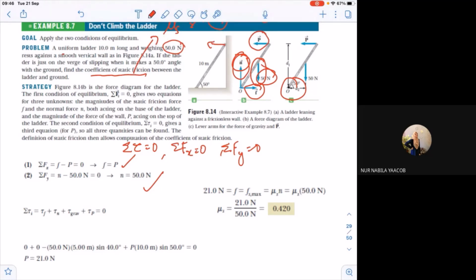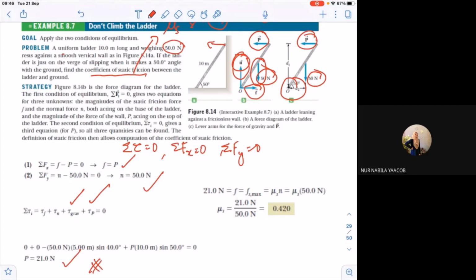Yang tinggal hanyalah top of the ladder and also the normal force. So ada dua je torque, which is yang 50 Newton tu dengan normal force saja. So dalam kes tu kita dapat jawapan normal force on the wall ialah 21 Newton.